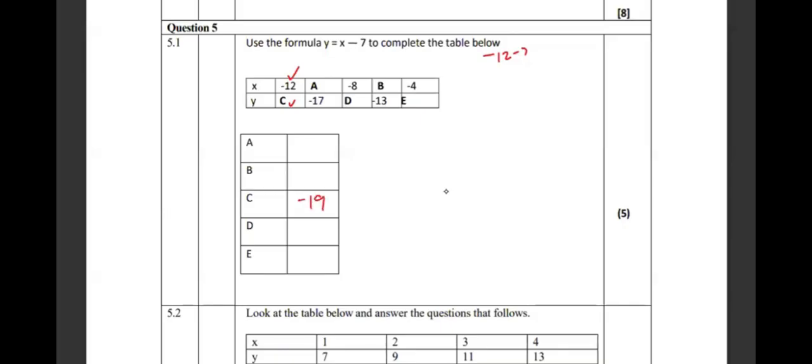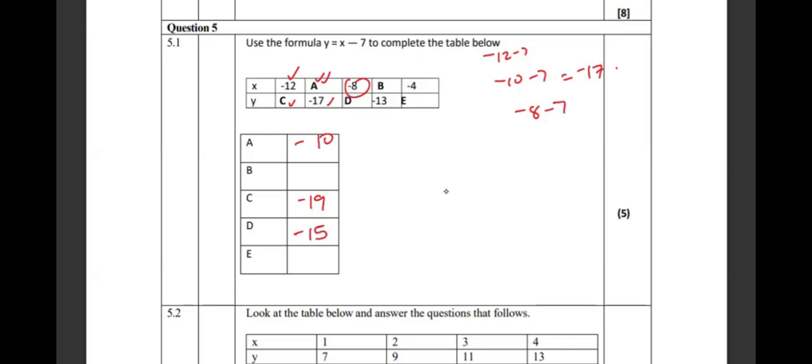And then what do I put for x to give me negative 17? A must be negative 10, because if I have negative 10 minus 7, I end up with negative 17. And then what if I have negative 8? It's going to be negative 8 minus 7, which is negative 15.